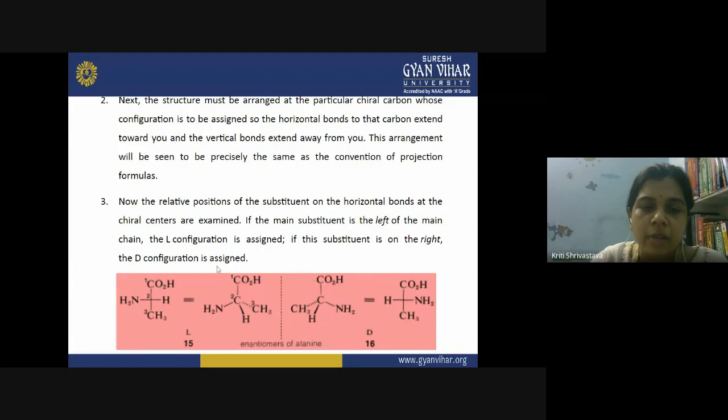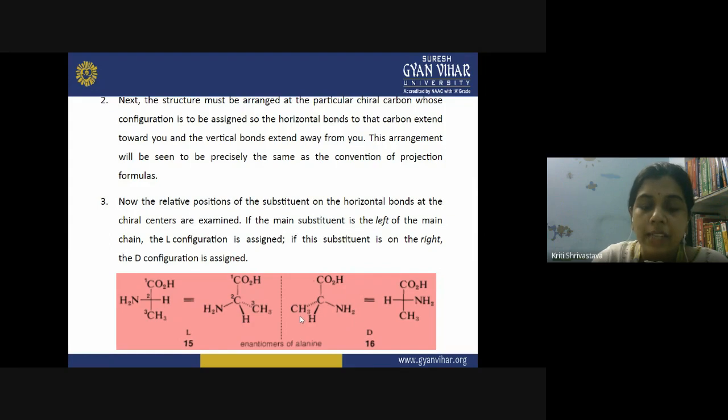In this manner, you convert it to this formula, and you get the mirror image of the enantiomer thus obtained. And now if the group present on the horizontal line is on the left side, you give it L configuration, and if the group is on the right side, you give it D configuration.